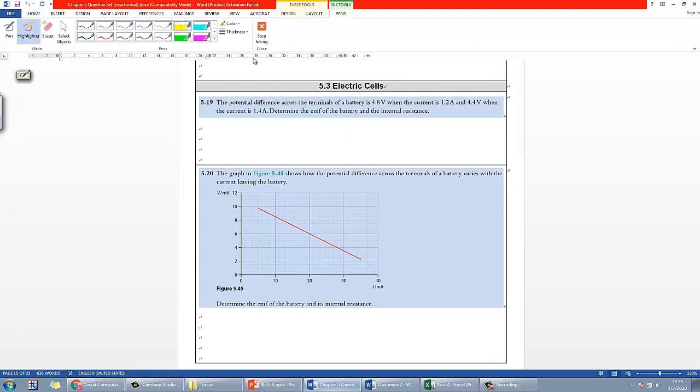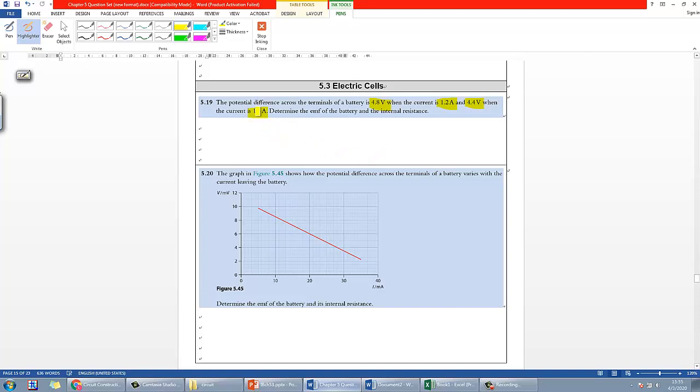Okay, so let's take a look at this question. The question says the potential difference across the terminal is 4.8 when the current is this, and 4.4 when the current is that.